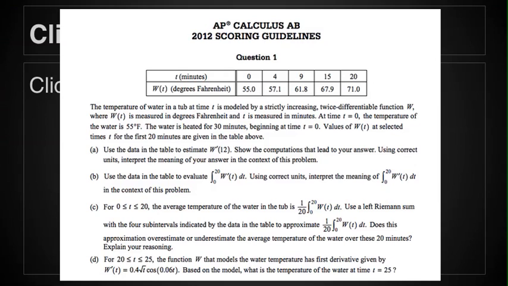Okay, part D. For 20 to 25, the function w that models the water temperature has the first derivative given by w prime of t equals 0.4 root t cosine 0.06 t. Based on the model, what is the temperature of the water at t equals 25? Okay, so we know our interval is from 20 to 25, so this is another integral, from 20 to 25 of w prime of t dt.